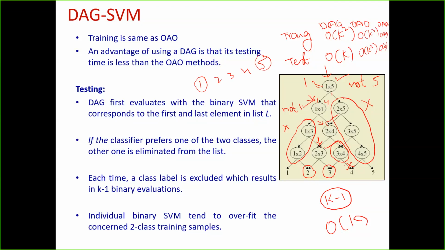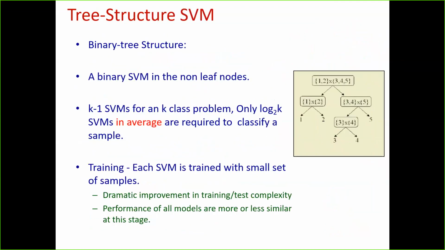So let us have a look at the next method, which is binary tree structured SVM. It arranges these classifiers in a binary tree like fashion, right? Every time it divides all the classes into two disjoint groups and learns a classifier between them.